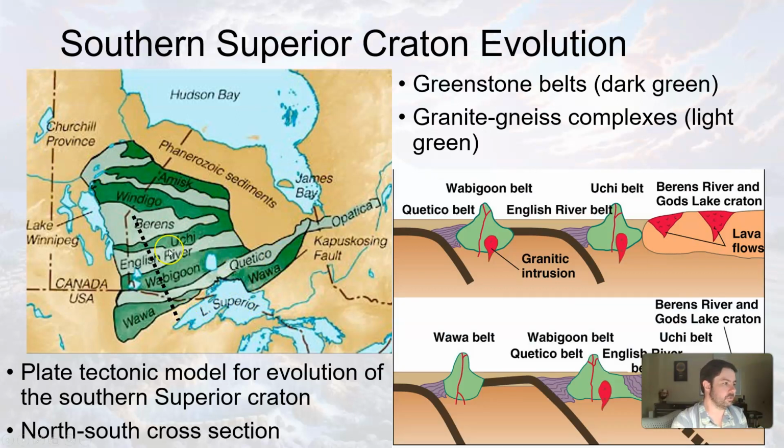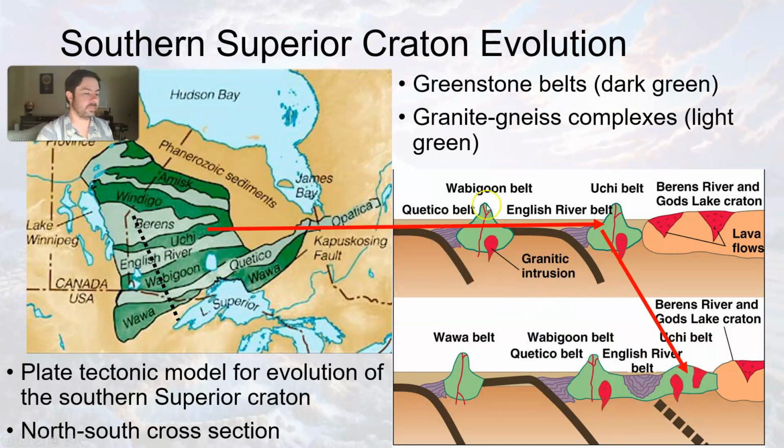So we'll first match up the rock units over here, starting with the Uchi belt, and again that dark green is a greenstone belt. Let me move up here for now. Okay. This is what it initially looked like, and then this is what it looked like after continued accretion, continued things pushing against and pushing up onto this area.